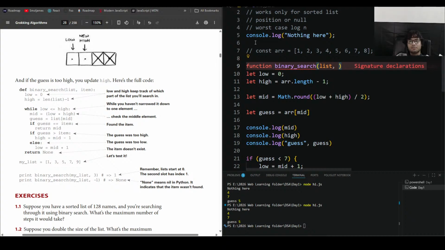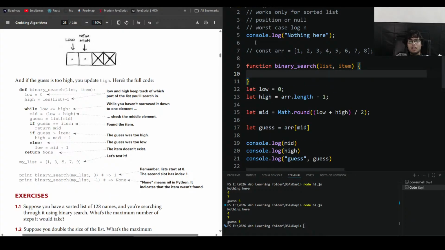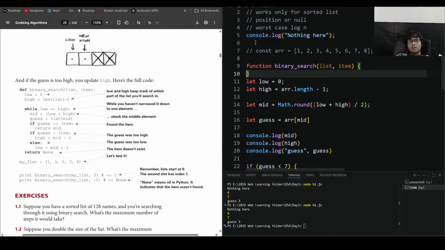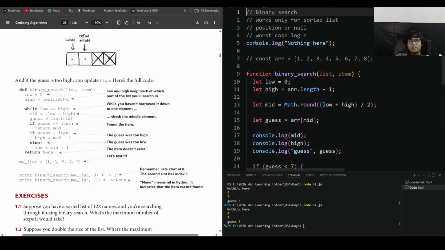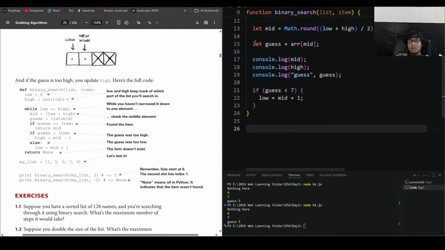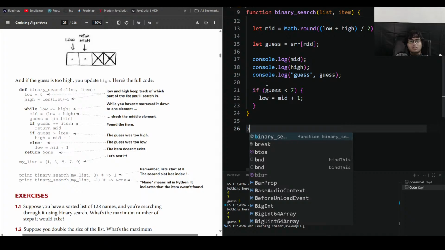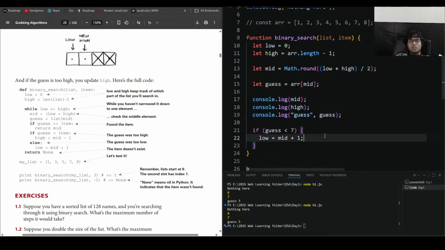Call it list, okay. We aren't console logging every time. We just fake it till we make it.